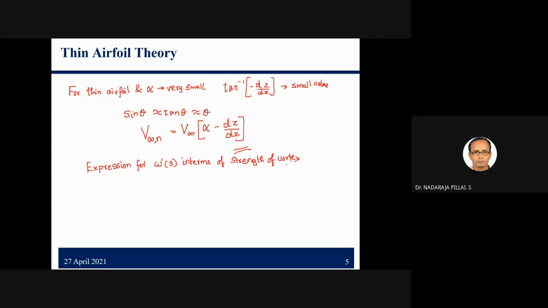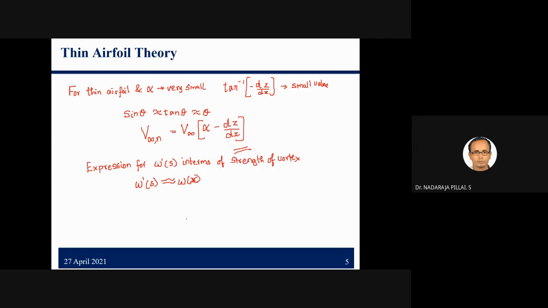So in all our discussion, we have mentioned that the W dash of S, and then we have made an assumption that the W dash is an induced velocity, and as the airfoil is so thin and the camber line is close to the chord line, I write W dash of S be W of S.